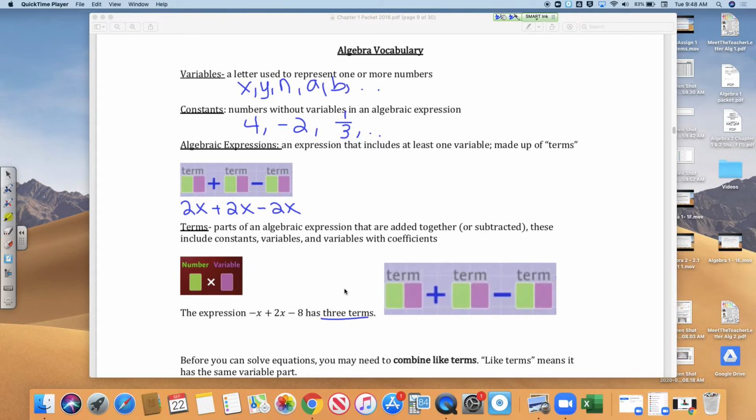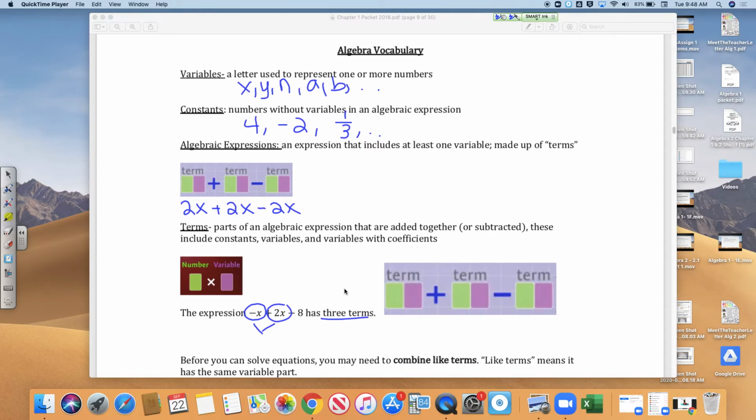Before you can solve equations, you should be combining like terms, which means making it simpler. So I could take this expression here, negative x plus 2x minus 8, and combine like terms to make this 3-termed expression down to 2 terms. Negative x and 2x can be combined together because they both have the same variable.